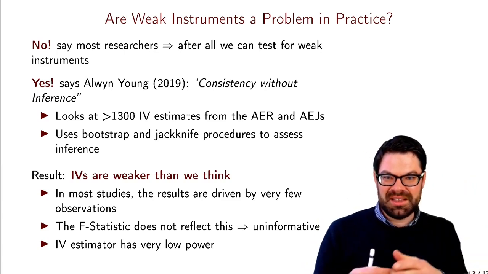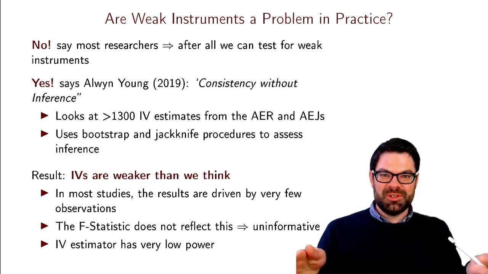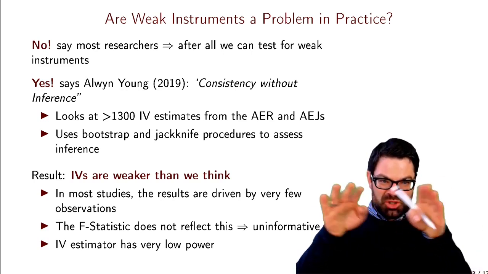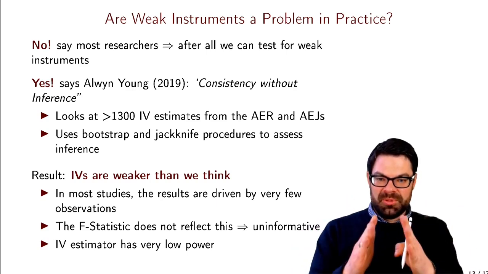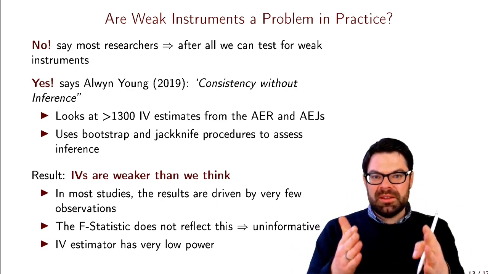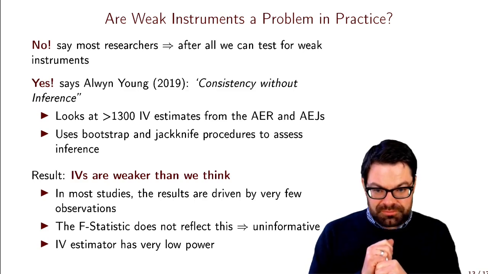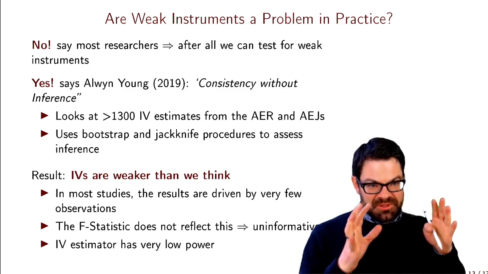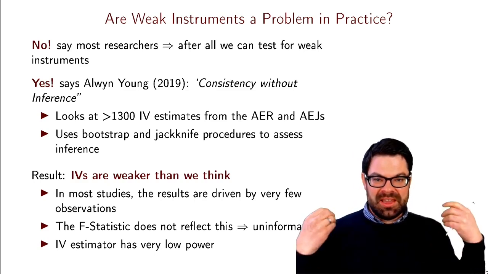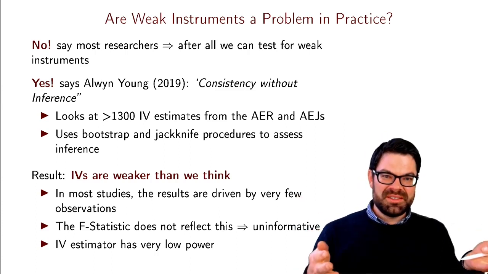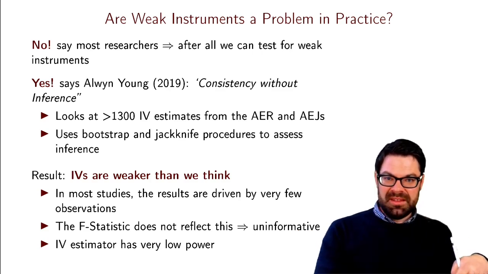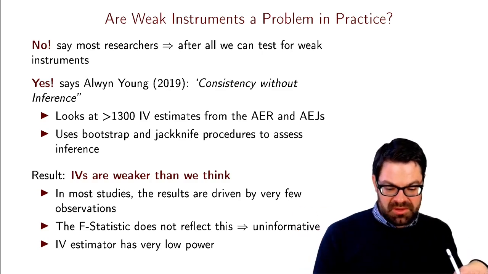So he showed the distribution of estimates and a much wider sampling distribution of the IV estimators than the parametric distributions the authors assumed. That was a wake-up call for many people to say, okay, it's actually not as harmless as it seems. Even though we can test for weak instruments, it may not be as harmless.